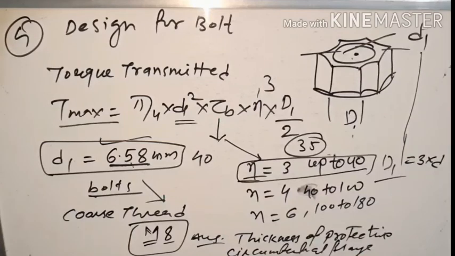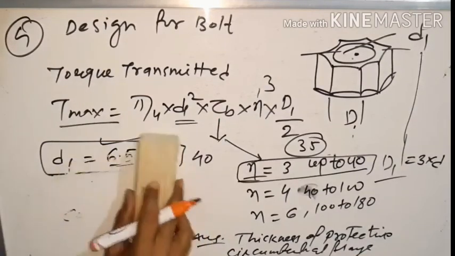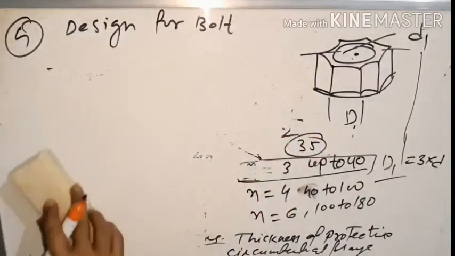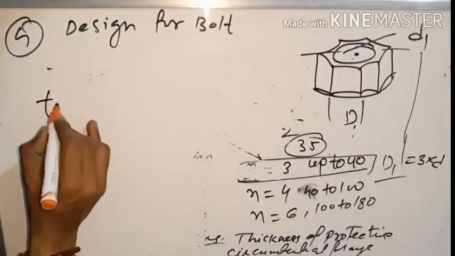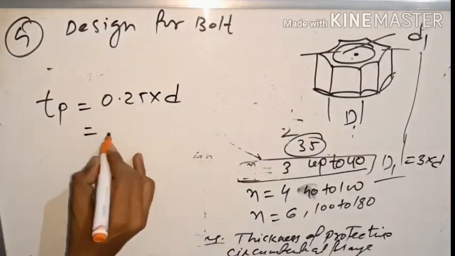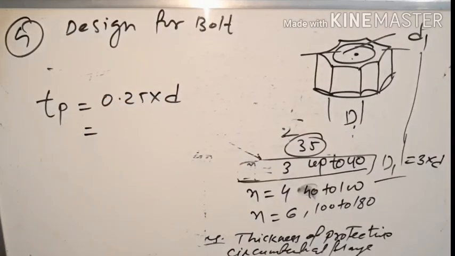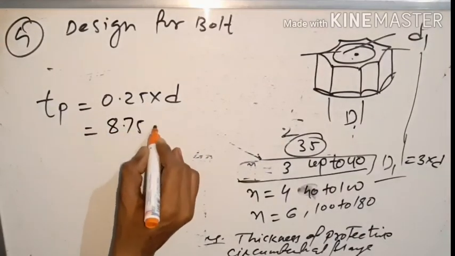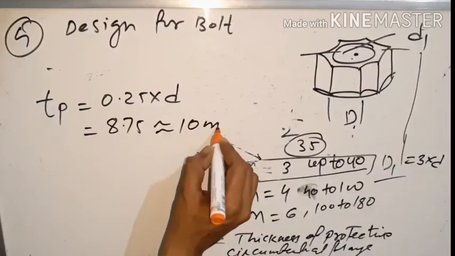So it is equal to Tp, which is 0.25 into D. So it is around 8.75, or you can say it is 9 or 10 mm.